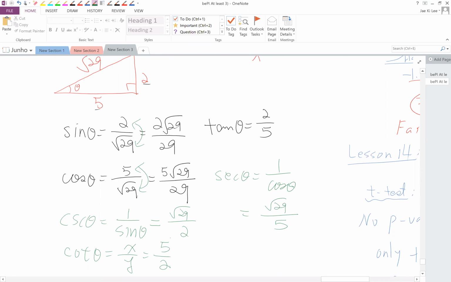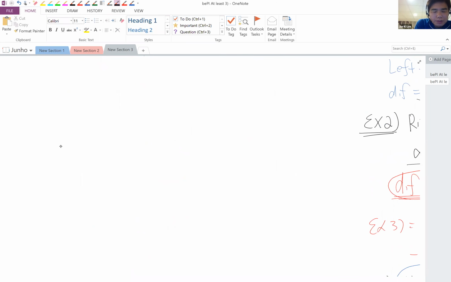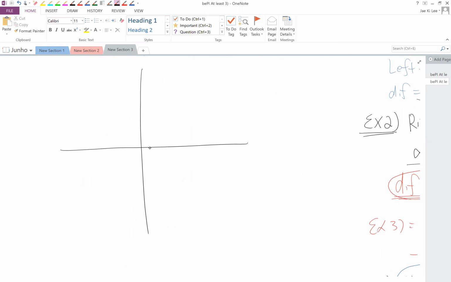Okay, so that's how you analyze if the radius is not equal to 1. And then you need a triangle. But the problem is, what if the point is located here? So this time I'm going to make the y a little bigger.